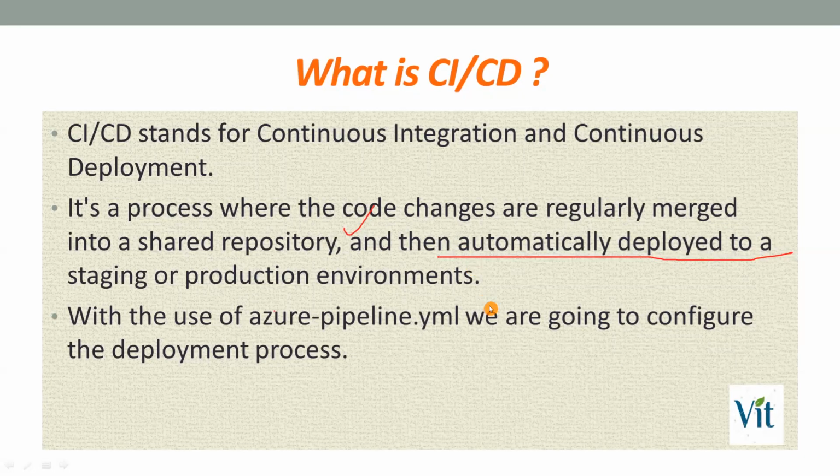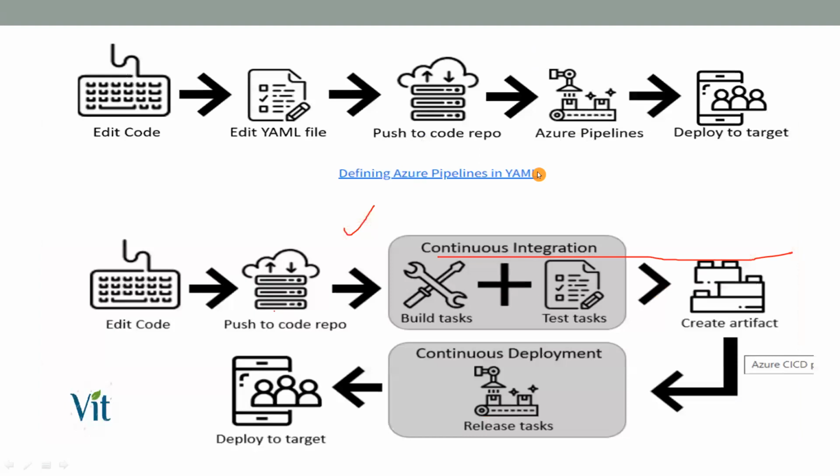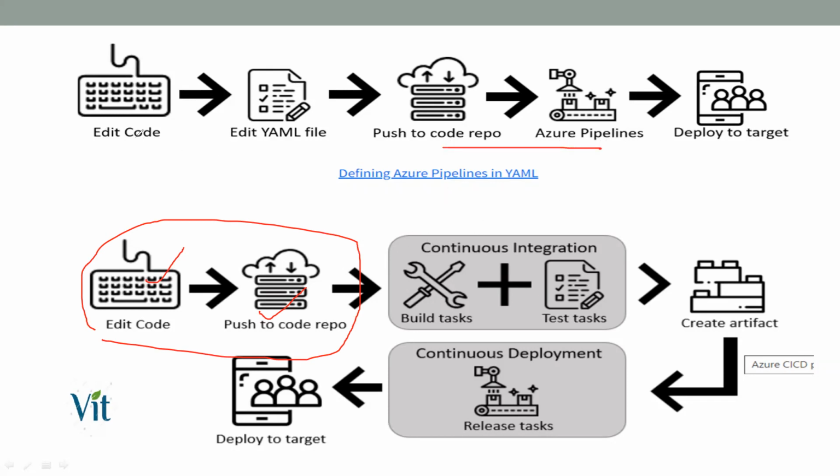Now, how is it going to work? Just observe here. You are going to edit the code and push the code into the repo. Up to this part, you are going to do. Next, once you create a pipeline, first I will take this example.